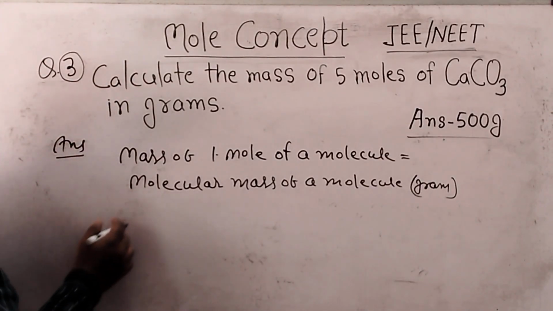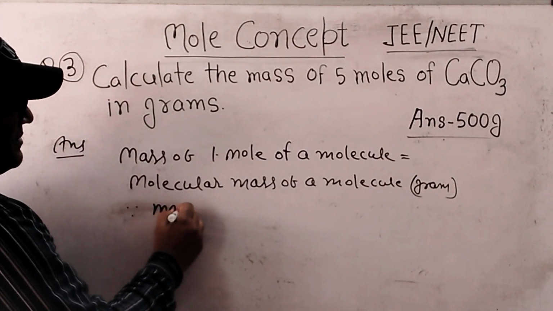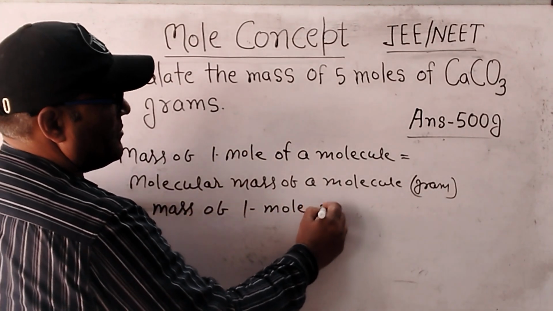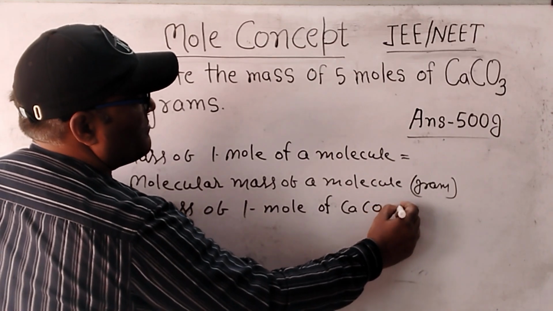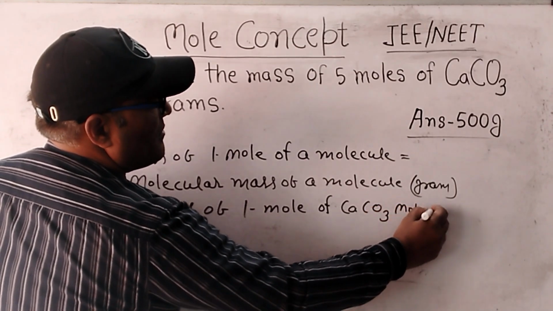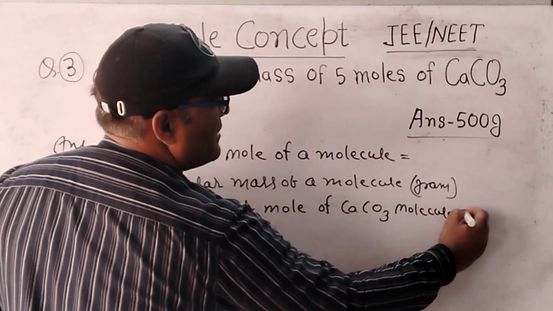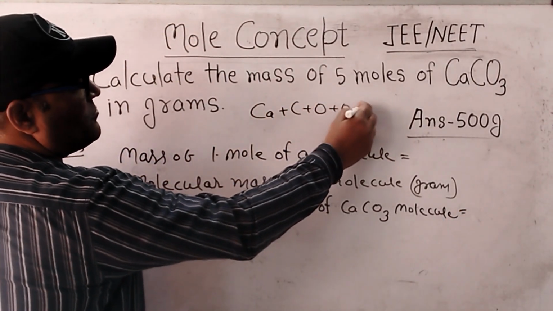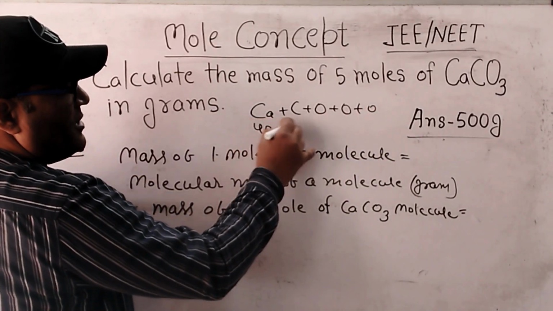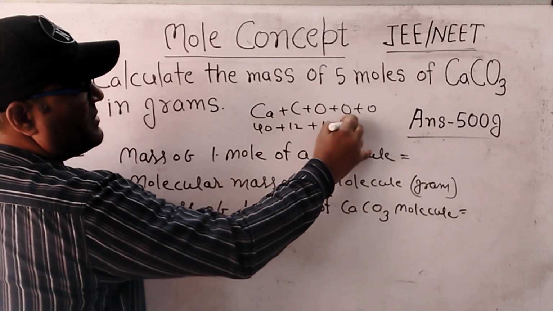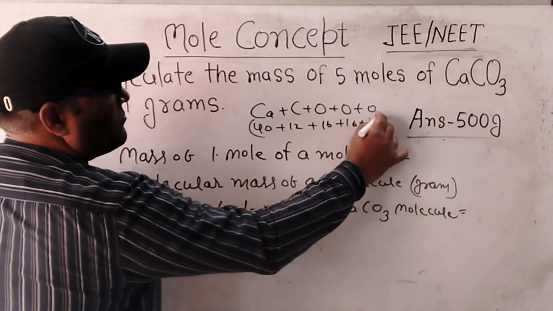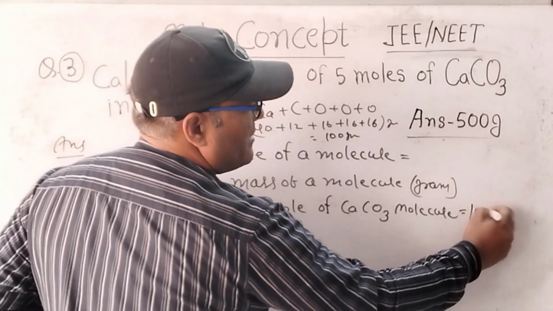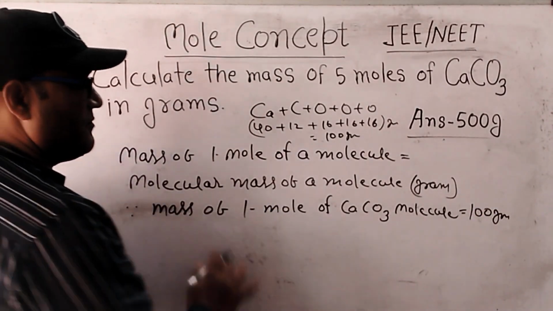So you can check here, the mass of 1 mole of CaCO3 molecule is, CaCO3 molecular mass, Ca plus C plus O plus O plus O. So 40 plus 12 plus 16 plus 16 plus 16. So after addition, total 100 gram. So here 100 gram is the molecular mass of 1 mole of CaCO3.